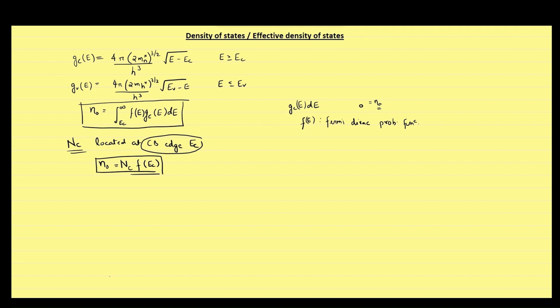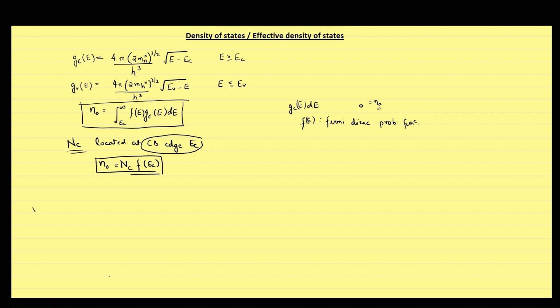They have different dimensions, and also if you want to plot the distribution of density of states per unit energy per unit volume, that is G(E) with respect to energy, then you will get a continuous function, whereas for Nc or effective density of states, you will get a discrete value only, as the definition itself says that the effective density of states has been assumed to be located at only conduction band edge Ec. Therefore, all the states are hypothetically assumed to be at Ec.